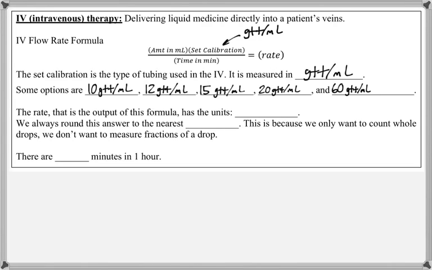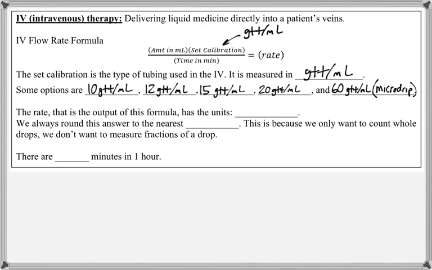And the 60 GTT per ml is sometimes referred to as microdrip. So in the questions, when you see microdrip, you need to know that that means 60 GTT per ml. So these GTTs per mLs, these tell you the size of the drops of these IVs.